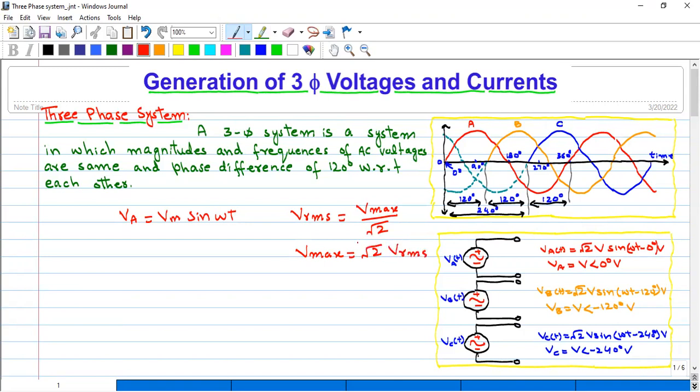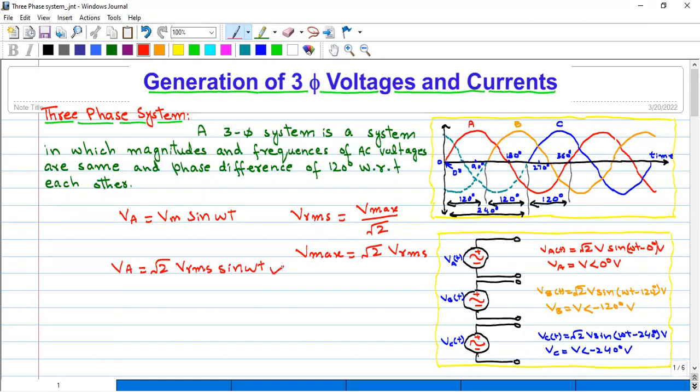So we can replace Vmax with under root 2 times Vrms voltage in this equation. Therefore, phase A voltage will be equal to under root 2 times Vrms into sine omega t.